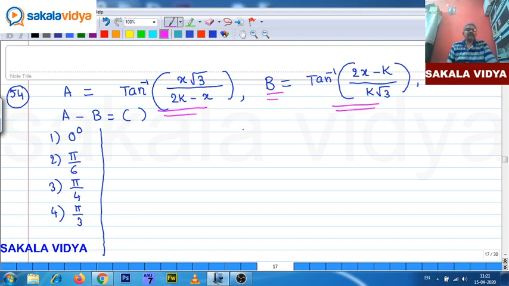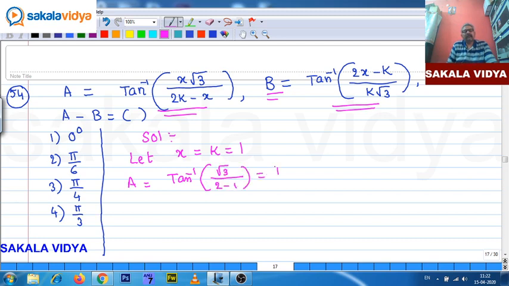Now, we can substitute x and k values here. So, now let us substitute. Let us consider x is equal to k equals to 1. Let us see what do we get now. A equals to tan inverse of root 3 by 2k, 2k means 2 minus 1.